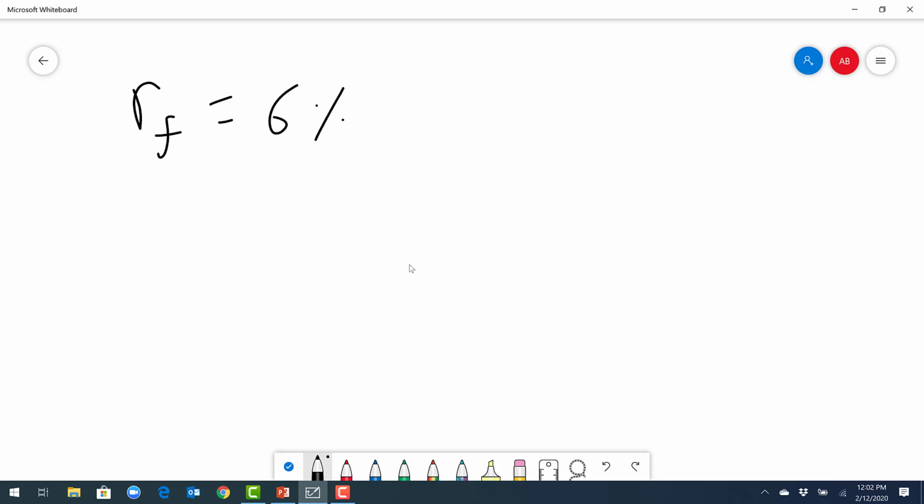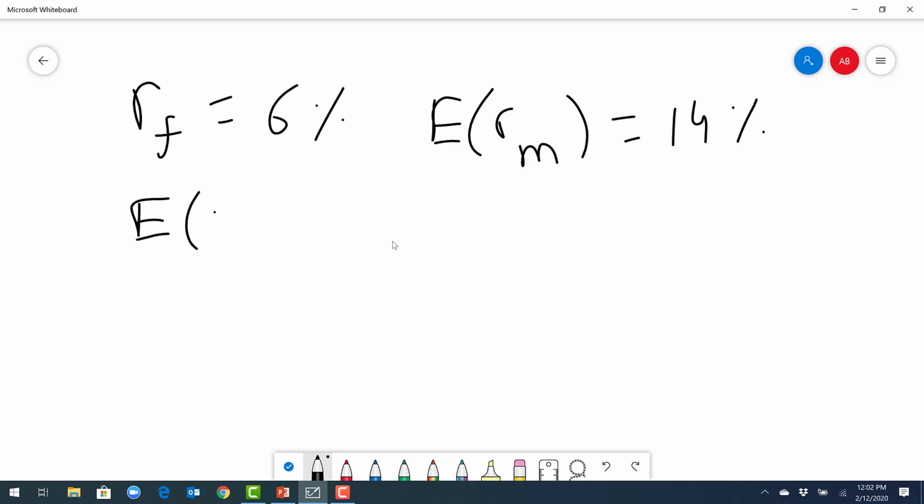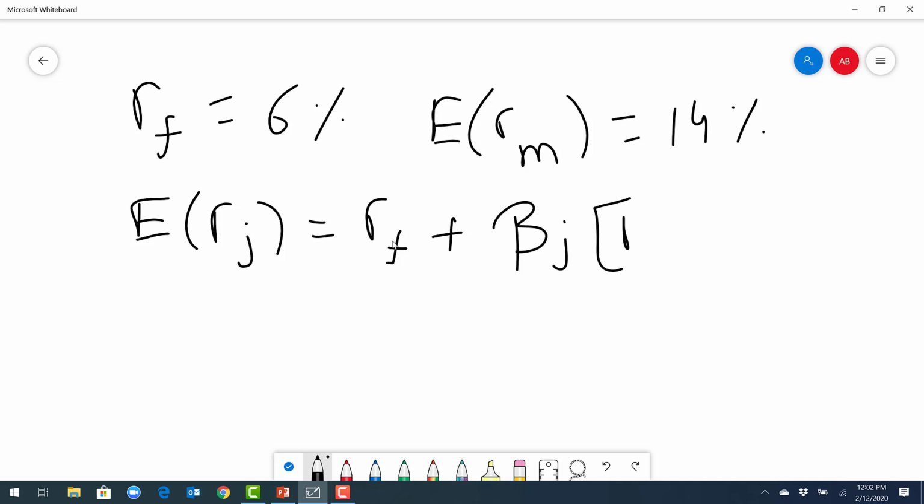RF is 6%, expected return on the market is 14%. Okay, and then this is our CAPM equation. The expected return on any security J is risk-free rate plus beta of that security times the market risk premium, ERM minus RF, right?